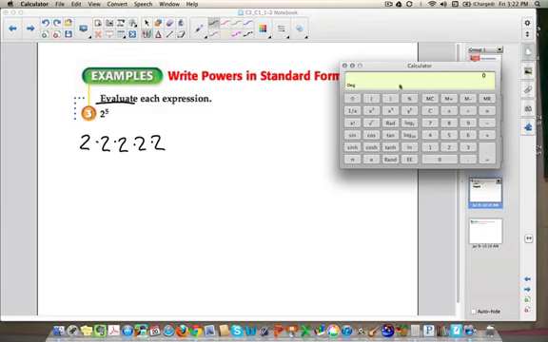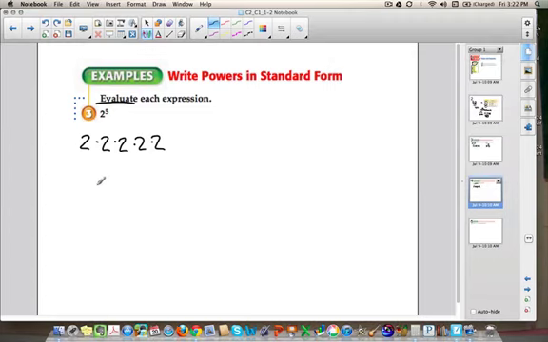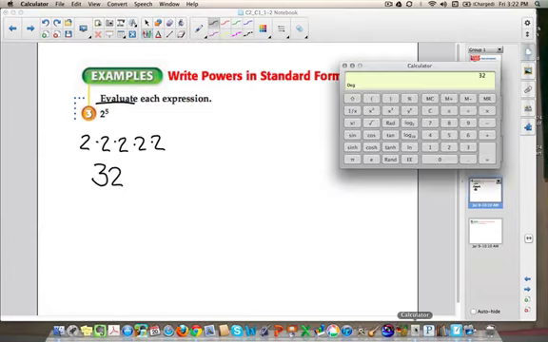So in my calculator, if I want to do 2 to the 5th power, I could either go 2 times 2, there's 2 2's, times 2, there's a third one, times 2, that's 4 2's, times 2, that's 5 2's. So we could either say that that equals 32. And I just simply entered each one of the 2's into the calculator.